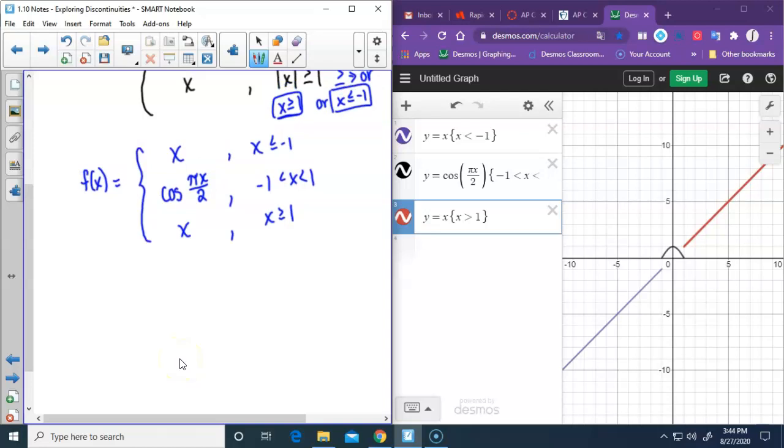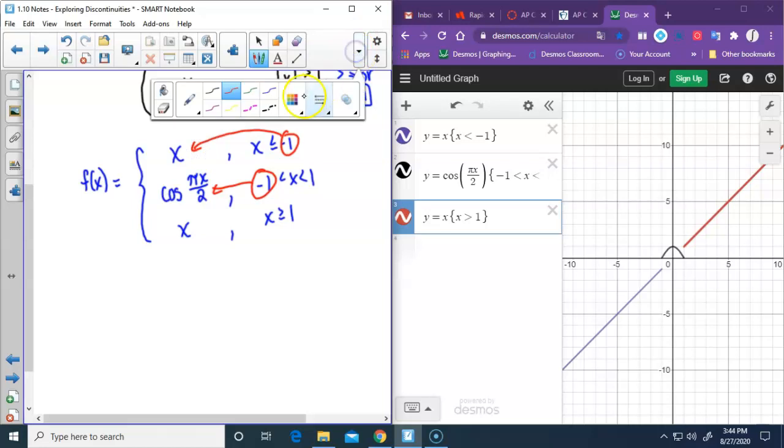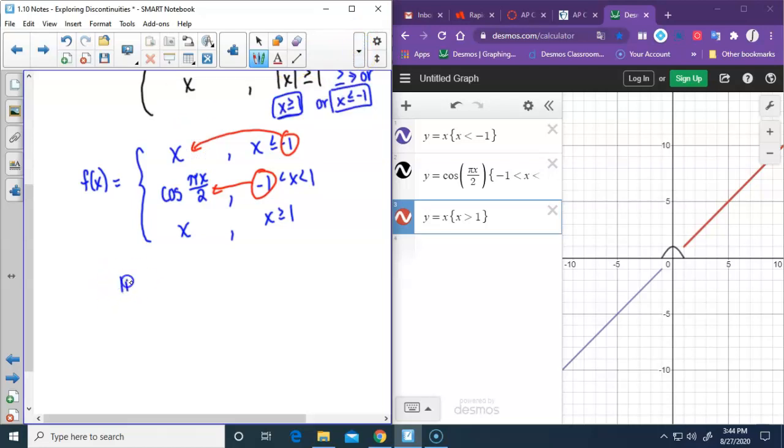But sometimes we will not have the graph. So what we would need to do is take our -1 that we have right here and plug it into both of these equations. We want to use limit notation when we do that. So we would say the limit as x approaches -1 from the left, that would be this function of f of x, would have to equal -1.